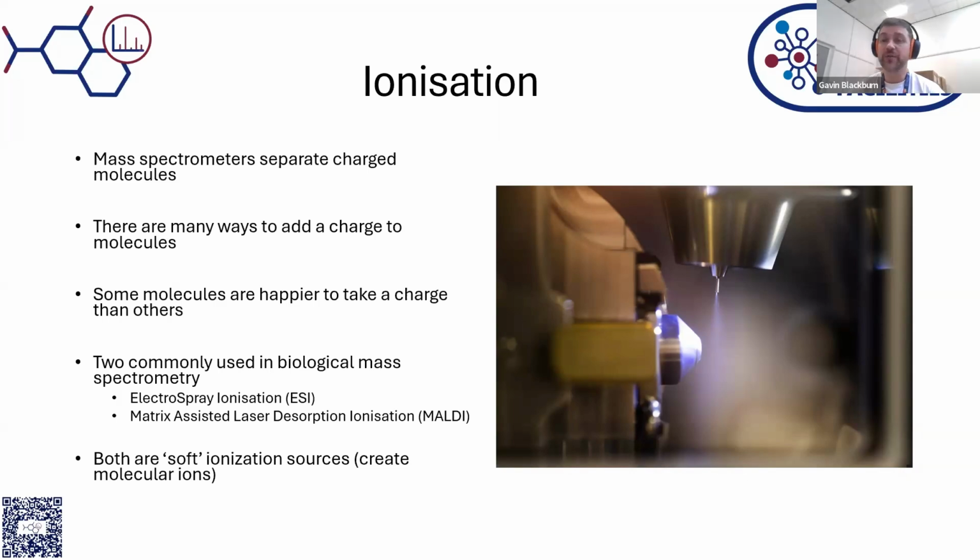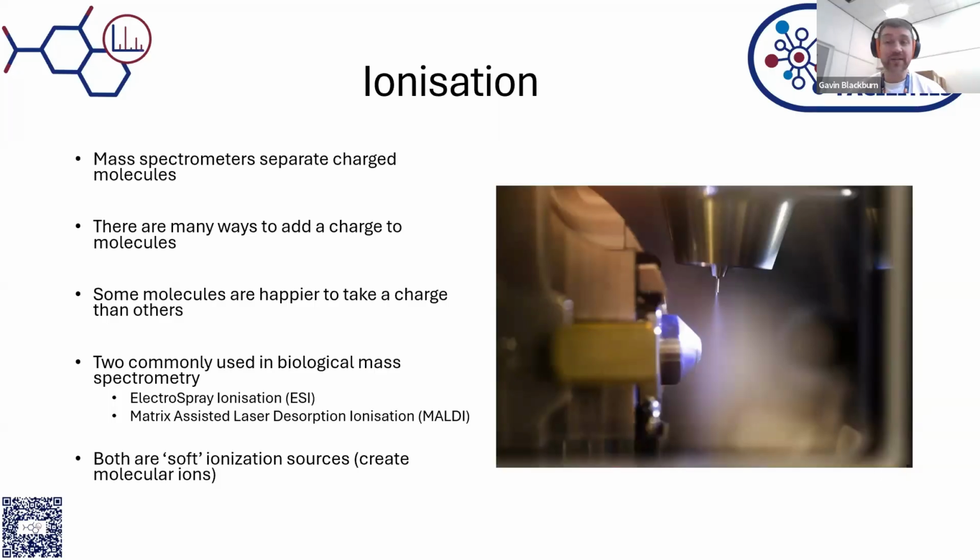When we're doing biological mass spectrometry, there are two ionization techniques that kind of rule the roost. They're the two that you're going to hear about in the vast majority of experiments, and that's electrospray ionization, or ESI, and matrix-assisted laser desorption ionization, or MALDI. The reason these rule the roost is that these are both soft ionization techniques.